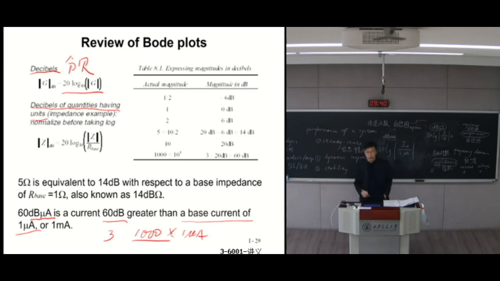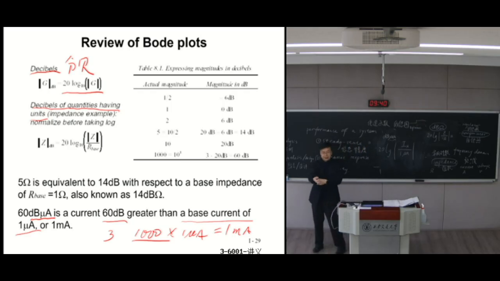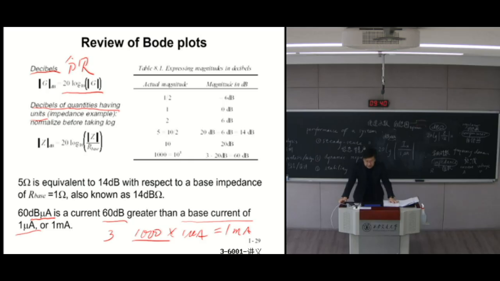So 1,000 times 1 microamp is 1 milliamp. This is the agreement about how to draw the Bode plot of transfer functions. We have agreement on the scale of the horizontal axis and of the vertical axis, and we also have to pay attention to whether the quantity we're looking at has a unit or not.